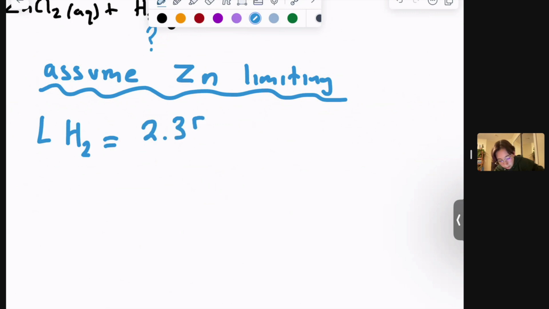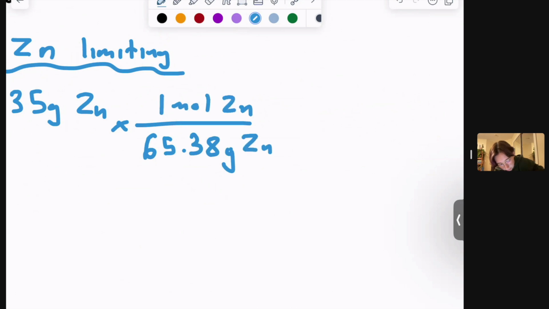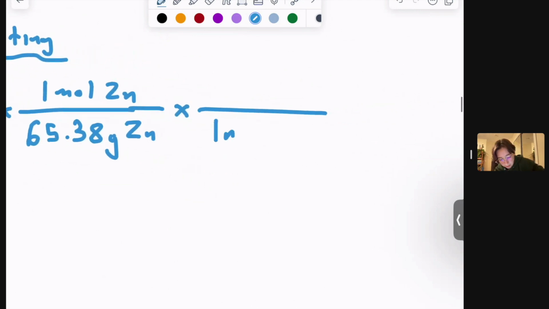Starting with my known about zinc, using the molar mass of zinc to change it into moles, because I know I'm going to want to compare it to a different substance using a mole ratio. From my balanced equation, there's 1 mole of zinc per 1 mole of H2 gas.